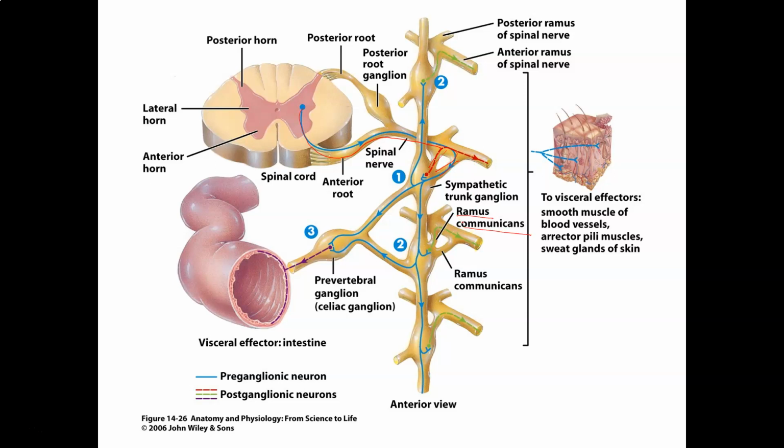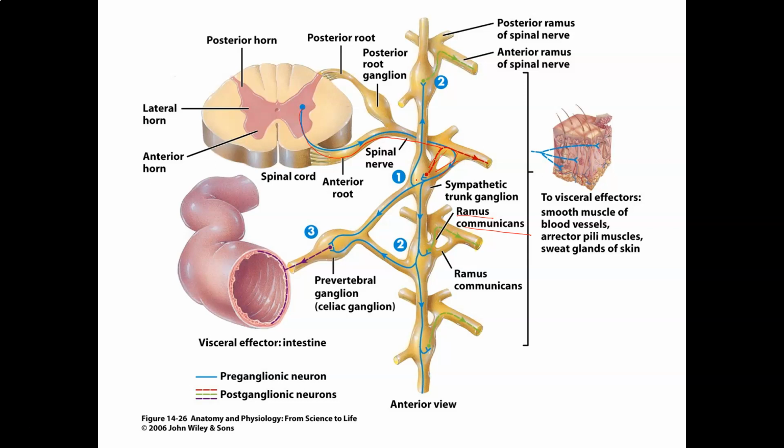You might remember those from when we talked about the spinal cord. Rami, to remind you, are branches. Those rami communicantes contain axons of sympathetic neurons. But once again, I'm not going to be asking you to trace the axon pathway, only where the cell bodies are.